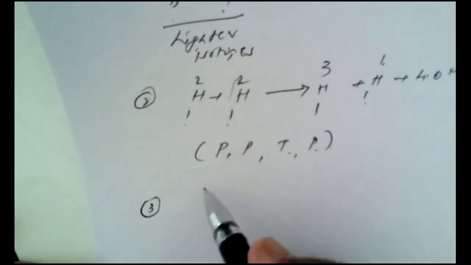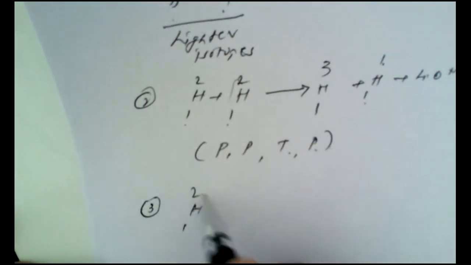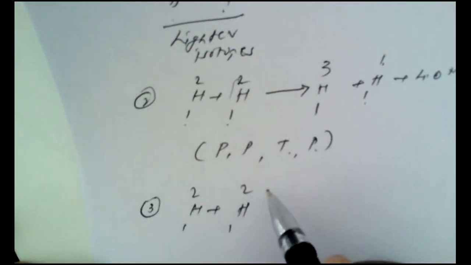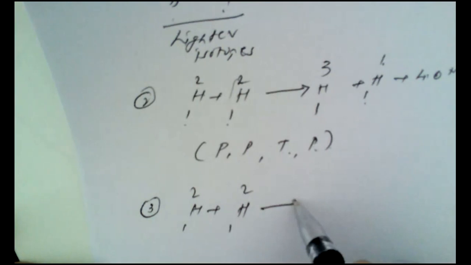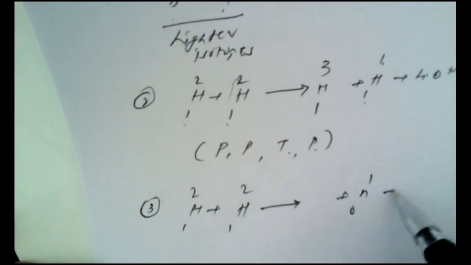Another reaction that can also be given here is when a deuterium, again a deuterium, is used, and a neutron is ejected and about 3.3 MeV of energy is released. What is the remaining product?